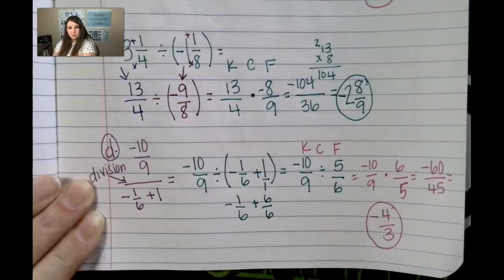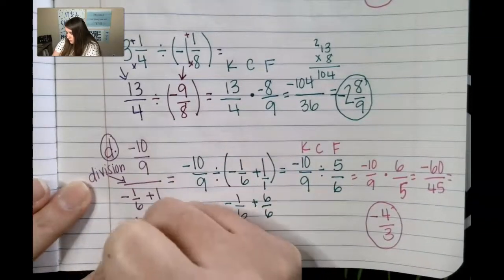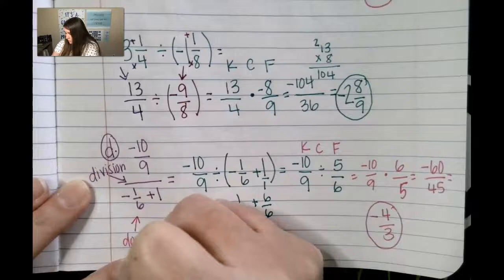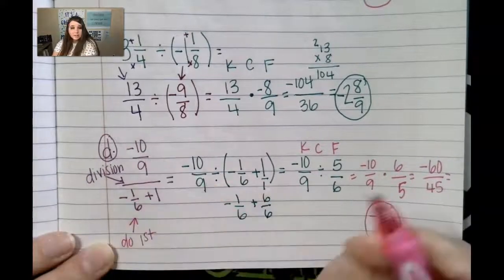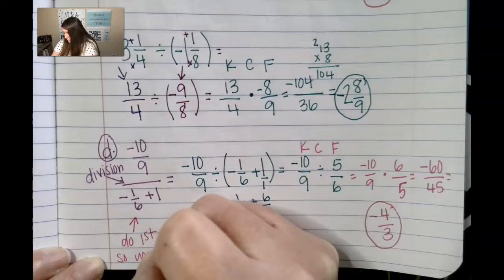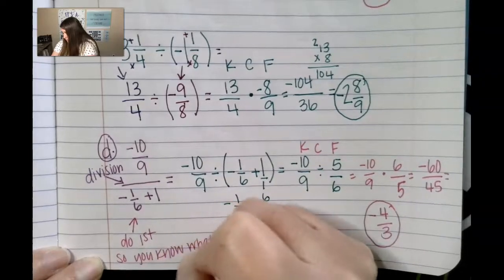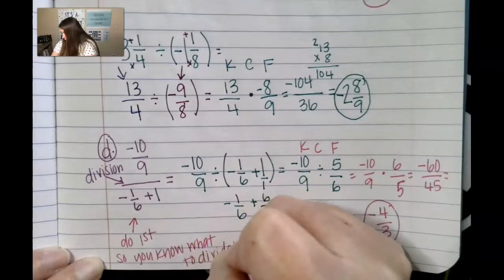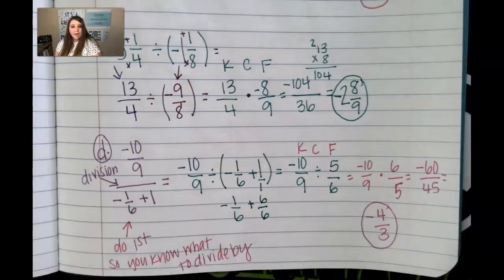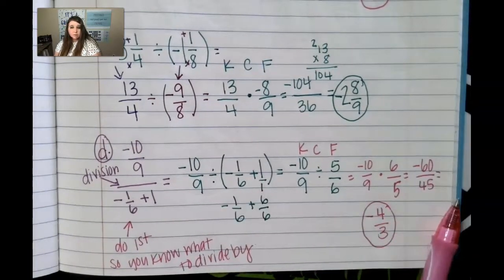But the biggest thing to remember is that you needed to figure out this first, so that way you know what to divide by. Otherwise, you have all the tools and the strategies to be able to solve the rest of this problem.